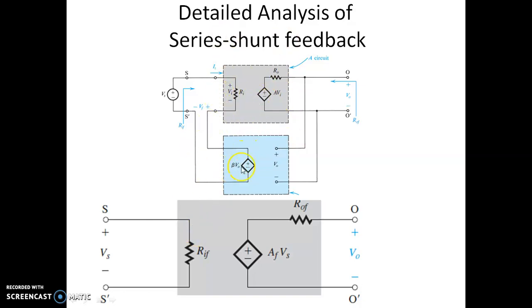This amplifier with negative feedback can be represented by a simple block diagram having an input resistance of RIF, a closed loop gain of AF, and the output resistance with feedback as ROF. So this is a representation of the feedback amplifier with voltage series feedback or series shunt feedback topology.